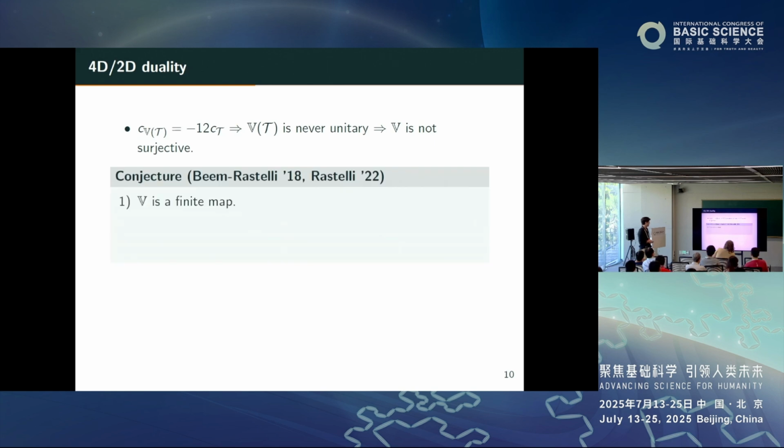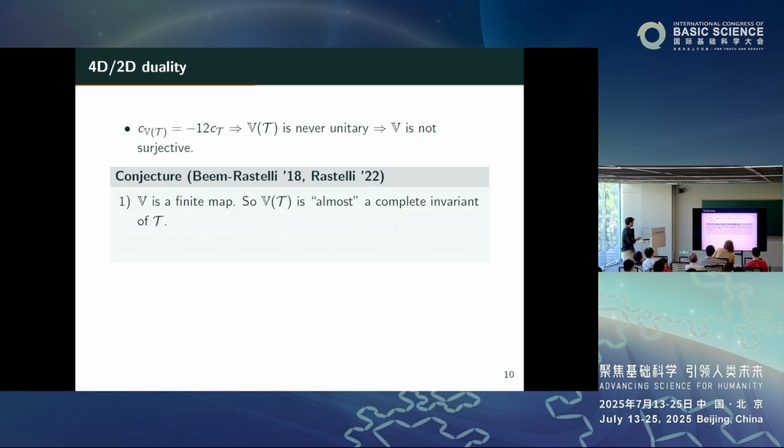It's expected that this map is a finite map, which means that the fiber is a finite set. So the vertex algebra is almost a complete invariant of the 4D theory. This is remarkable, because the 4D theory is not mathematically defined, but the vertex algebra is a rigorously defined mathematical object.